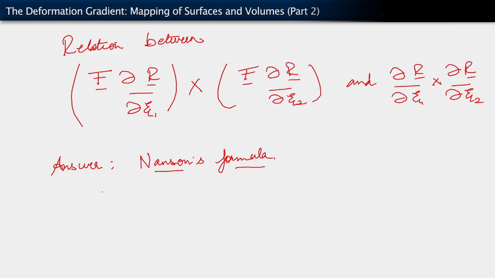If A and B, actually we're not using A and B, we've previously used U and V as vectors. Let me just go back to those.